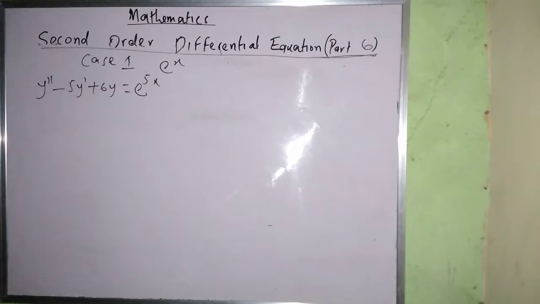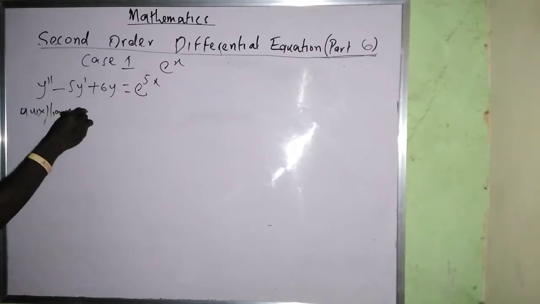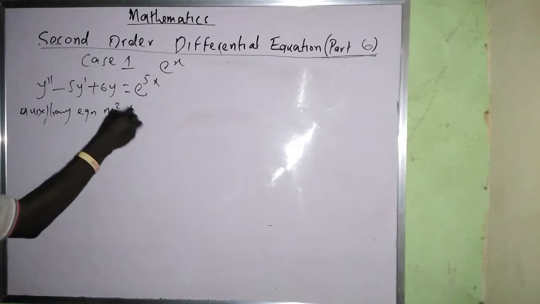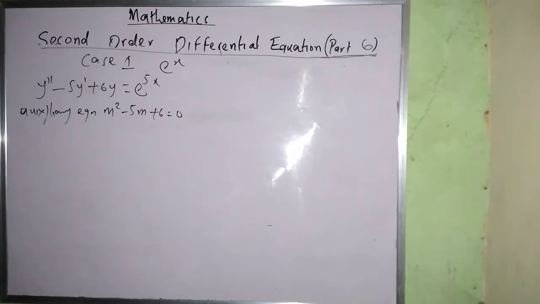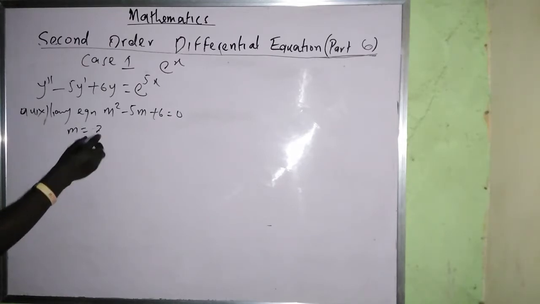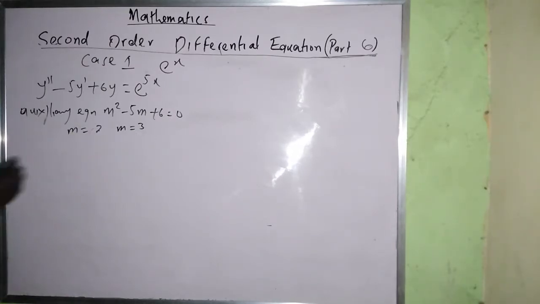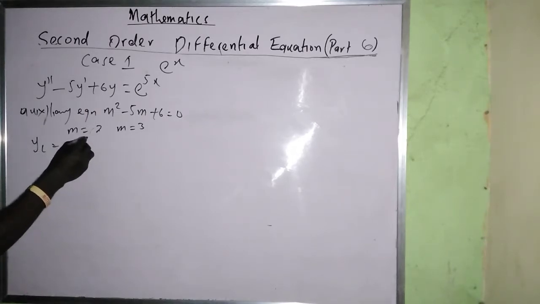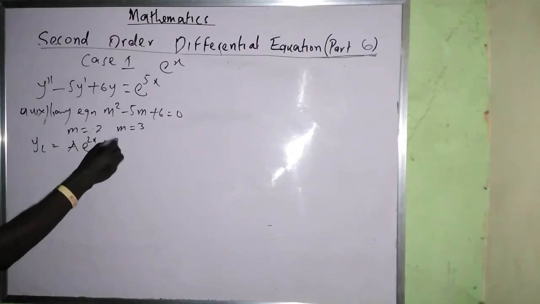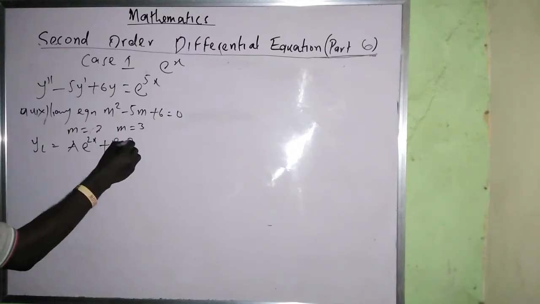Now, my auxiliary equation will surely give me what? My auxiliary equation will be m squared minus 5m plus 6 equals 0, which gives m equals 2 and m equals 3. So my y complement will be a e^2x plus b e^3x.